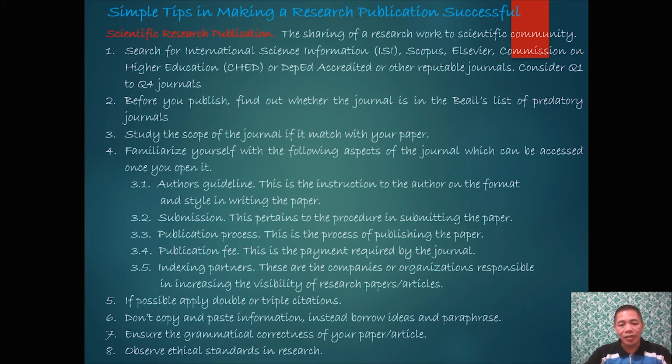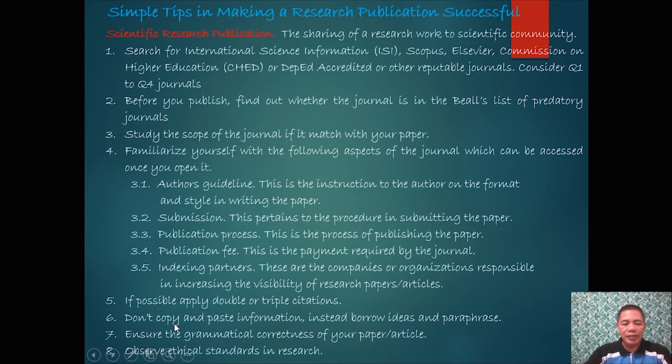That's the reason why we have double or triple or more citations. Cite it in text and in the reference section.